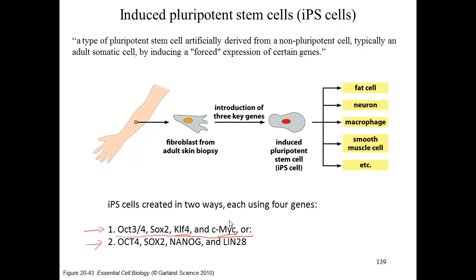So one thing people have been trying to do is to incorporate these gene products in ways that they'll be inactivated after a short time after the cell is dedifferentiated. One way of doing that has been trying to add the proteins rather than the genes themselves. The proteins will eventually be degraded, and one would hope that would prevent the formation of tumors. This is an area that's being actively explored.